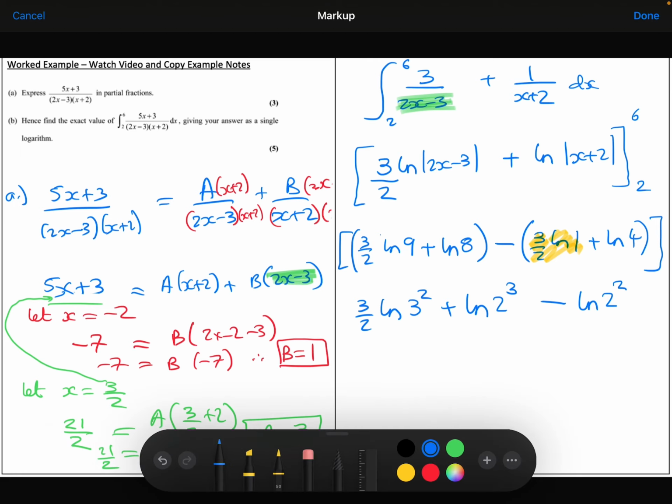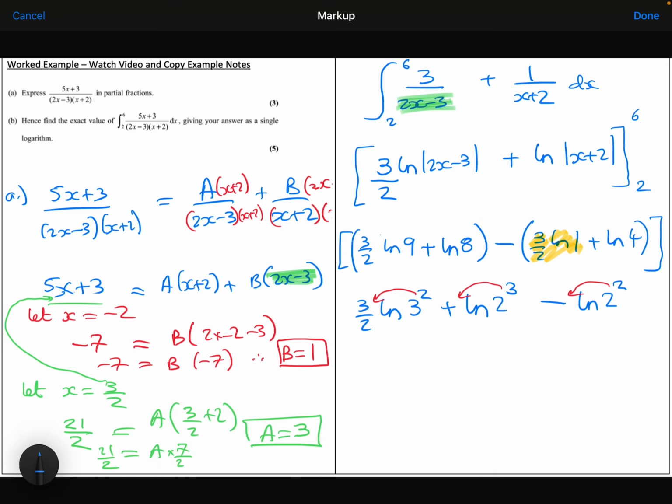So now, using that power law, just moving that 2 to the front here, the 3 to the front there, the 2 to the front there. 3 over 2 times 2 is 3. Then we've got 3 ln 2 minus 2 ln 2, which will simplify just to be ln 2. I need to give my answer as a single logarithm, so I actually need to combine these 2 logarithms back together.